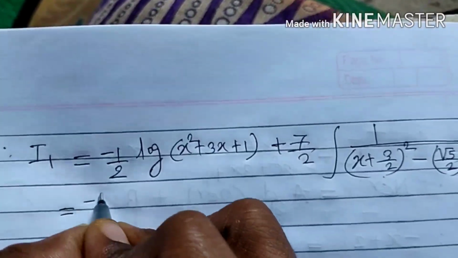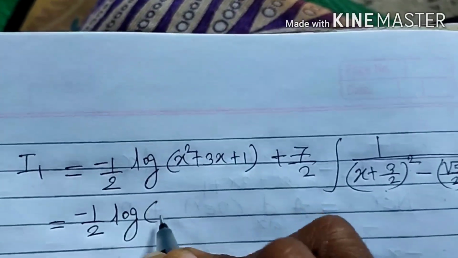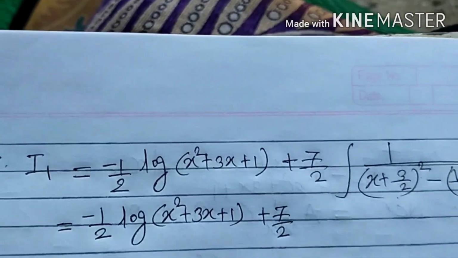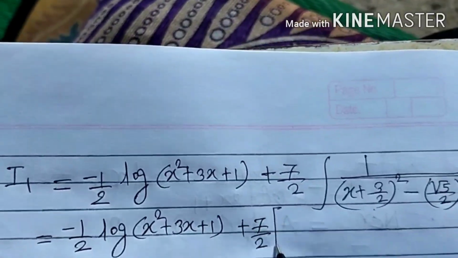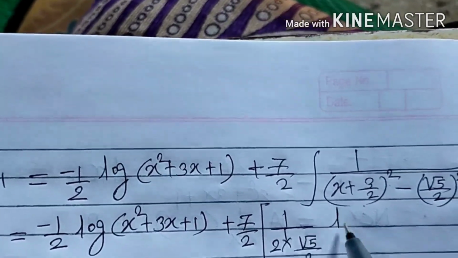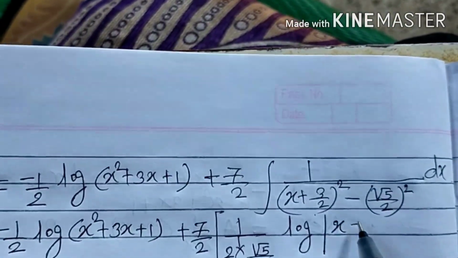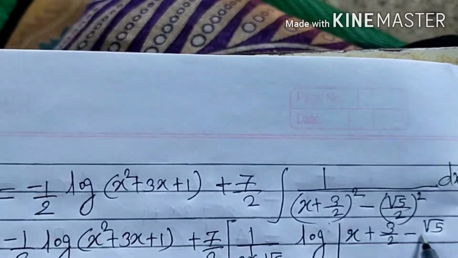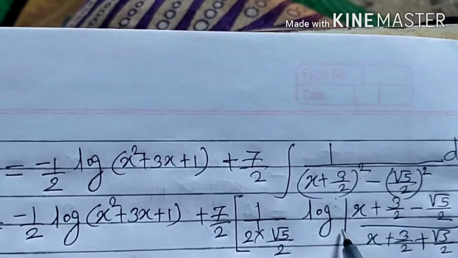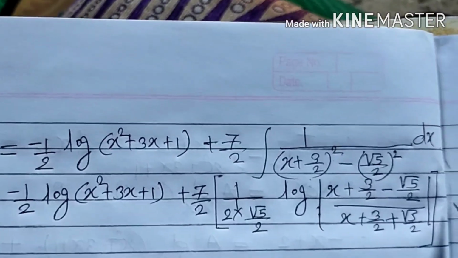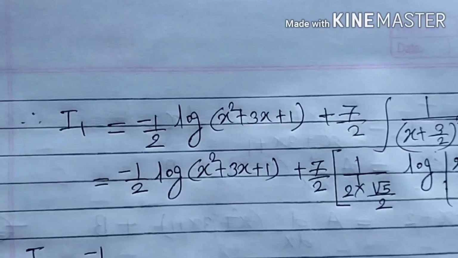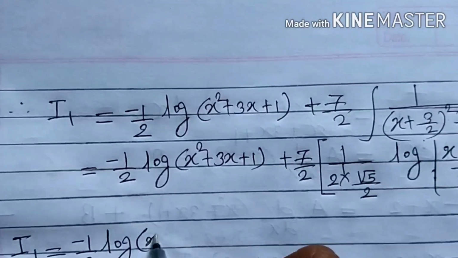So the answer of this is 1 upon 2a log of x minus a upon x plus a plus c.